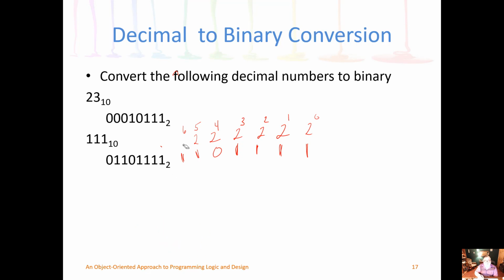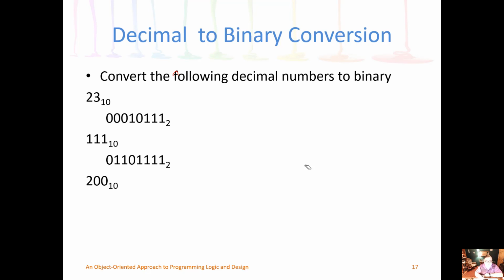So hopefully you've seen the pattern of what's going on with going from decimal to binary. Okay, next one. 200 in decimal.